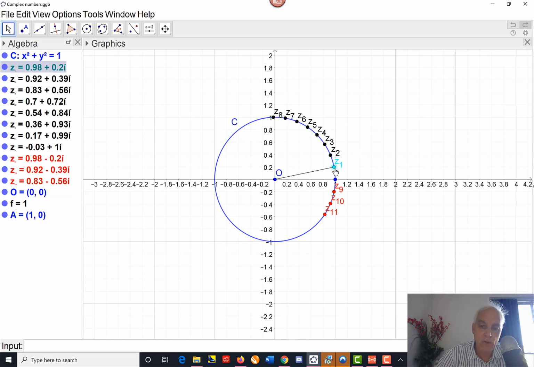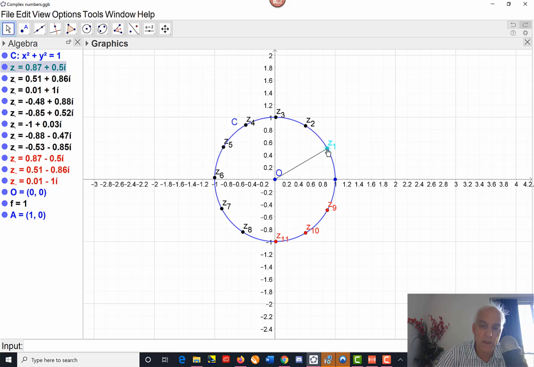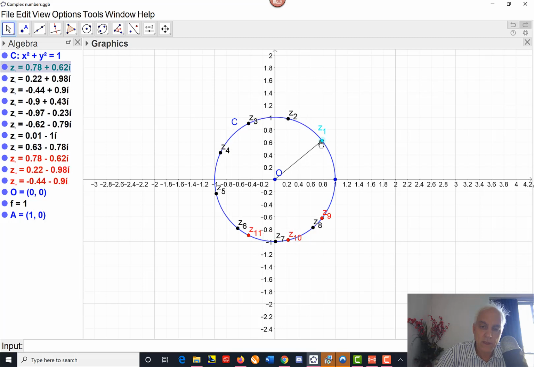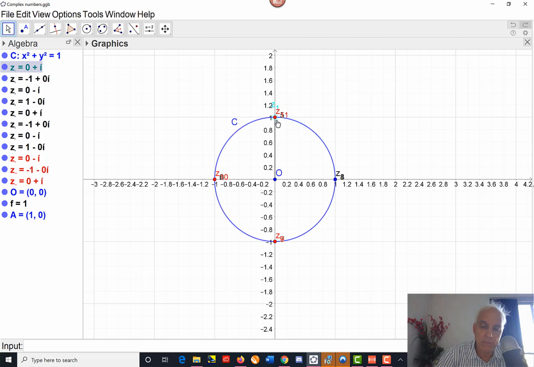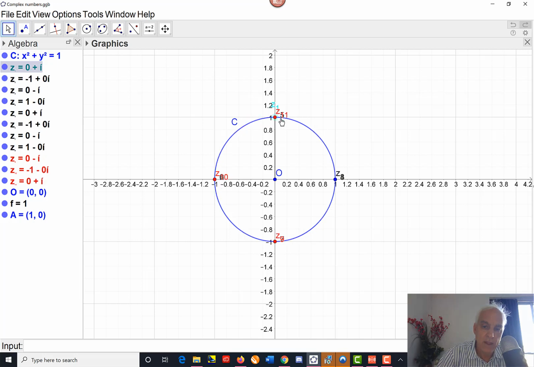So I want you to have a look at what happens to these powers as I move Z1 around. One of the beautiful things about GeoGebra is we're allowed to do this, and it will just move everything accordingly. So notice that these positive powers are just marching around. Suppose that I brought it all the way up to here. So Z1 is now at i.